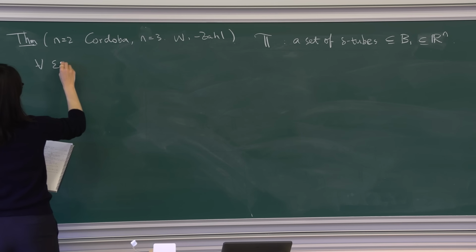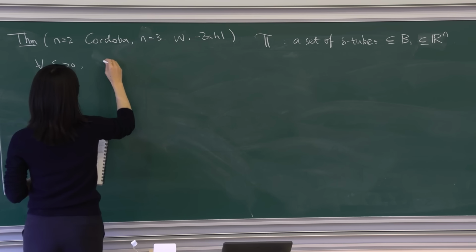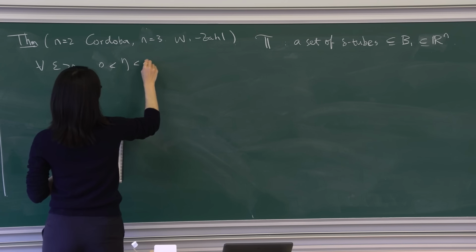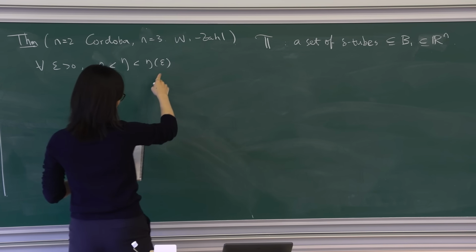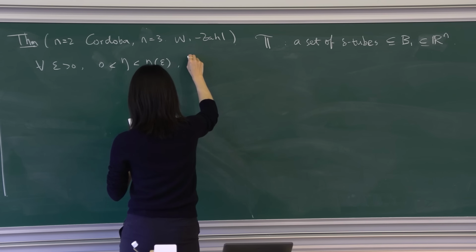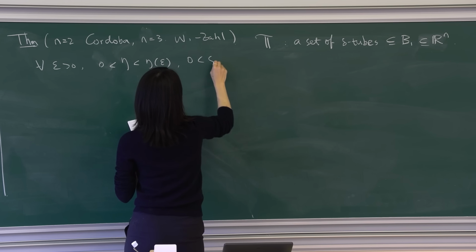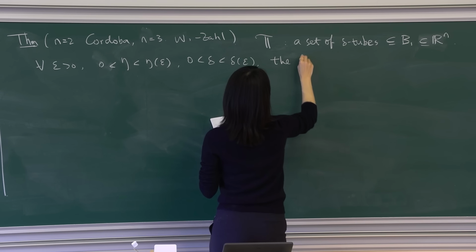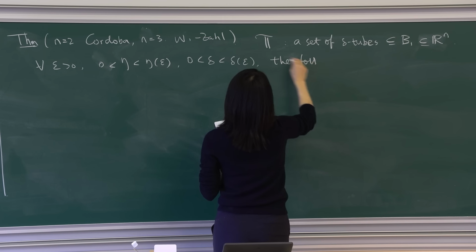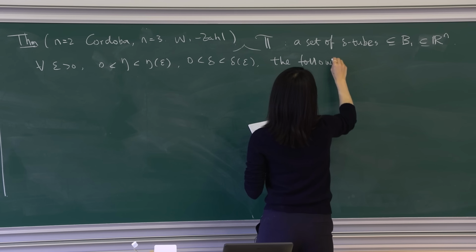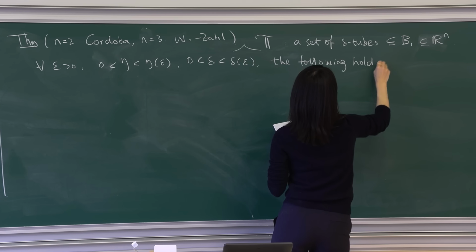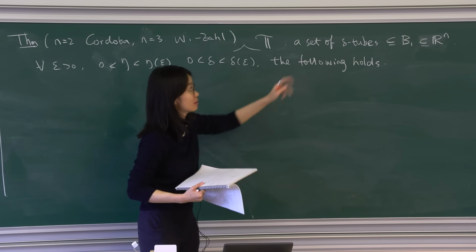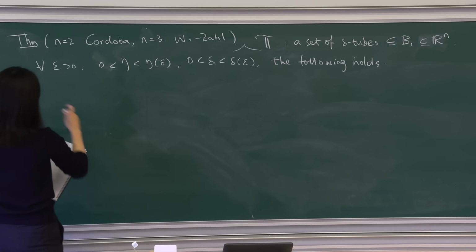For any epsilon greater than 0, the following holds, with eta small enough, only depending on epsilon, and delta also small enough, only depending on epsilon. This line is about quantifiers. T is a set of delta tubes contained in the unit ball.